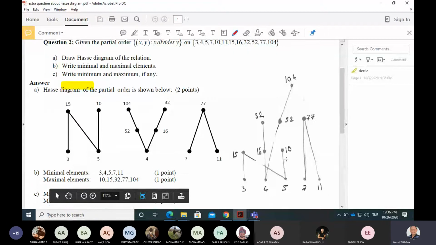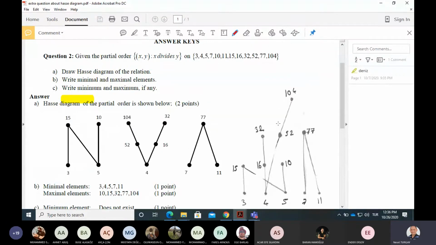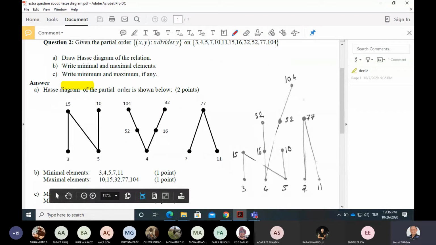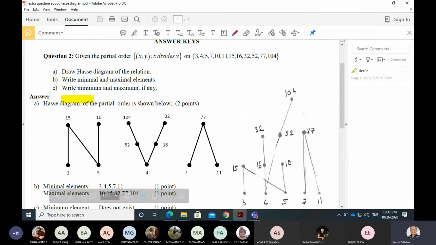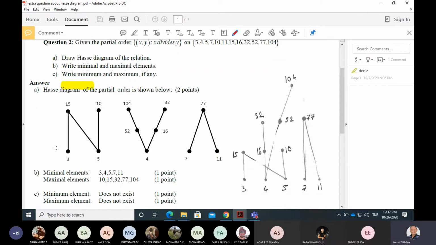So 4 divides, for example, 52. Now, does 52 divide 77? No. But 7 and 11 divide 77. So you get lines. At the end you have 104, and only 52 divides it, so it should be here. Okay.